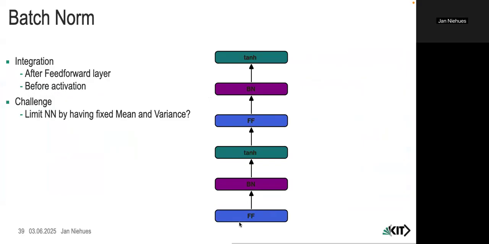We saw how to calculate that, but we might now have a more limited network because it cannot learn that, in this case, it should always be very high, because they are all normalized to 0. Any idea how we could address that? It might not be the best to have everything fixed with a fixed mean and variance.